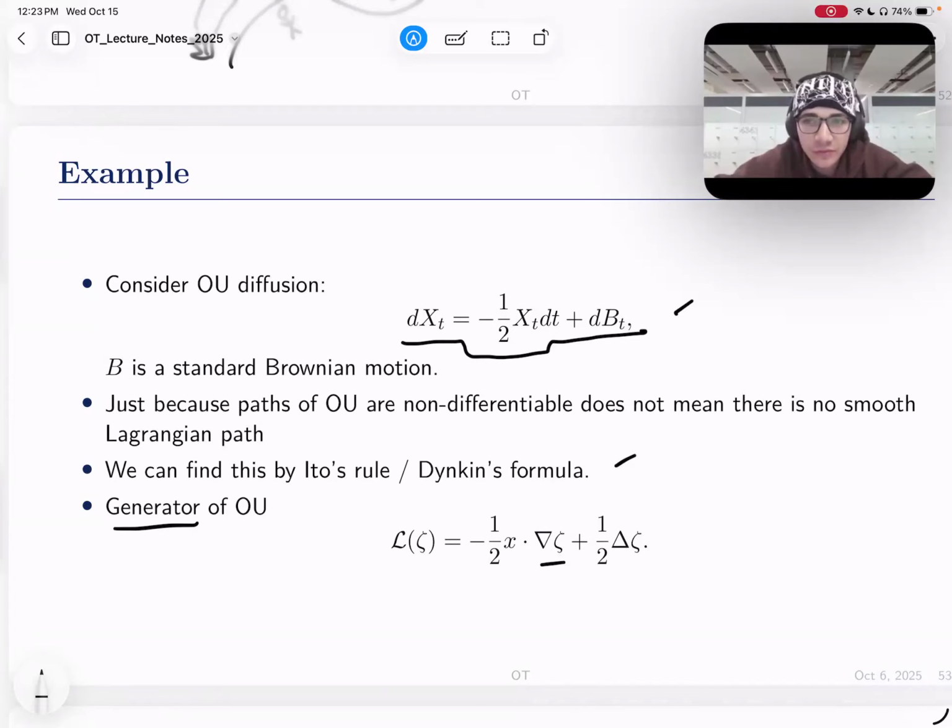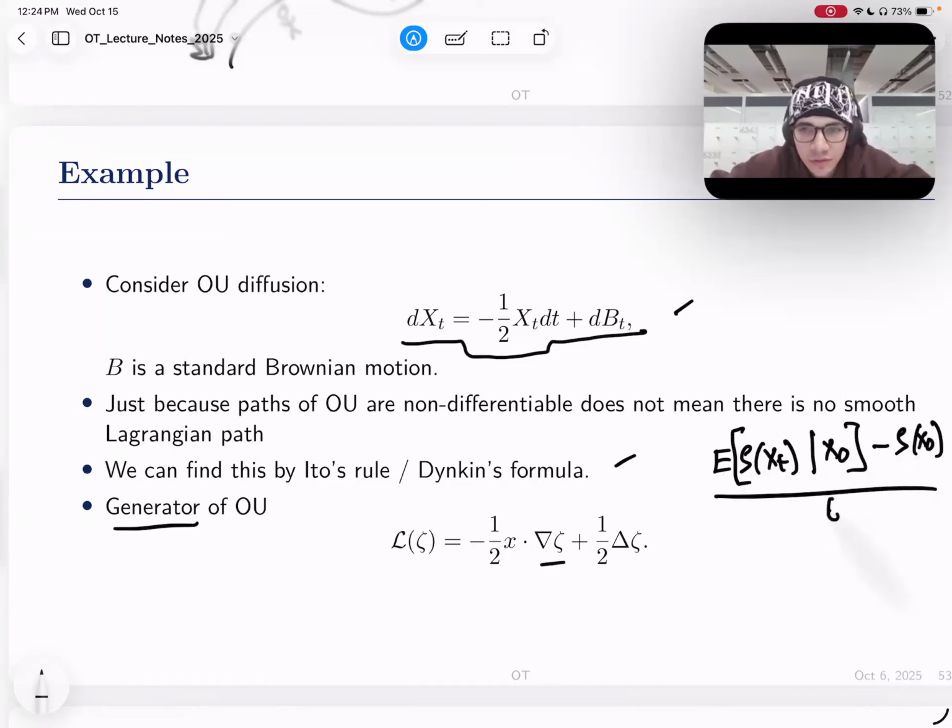The generator is essentially defined in this way: if you look at the expected value of some test function zeta of X_t, and you subtract zeta of X_0, and you divide by t, and you take the limit as t goes down to 0, this is the generator L zeta at x_0.